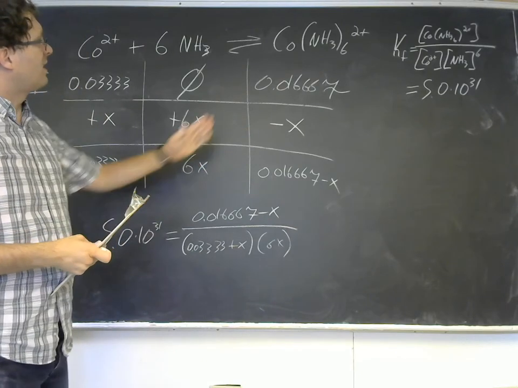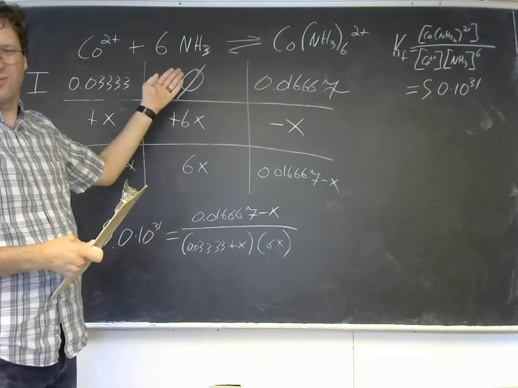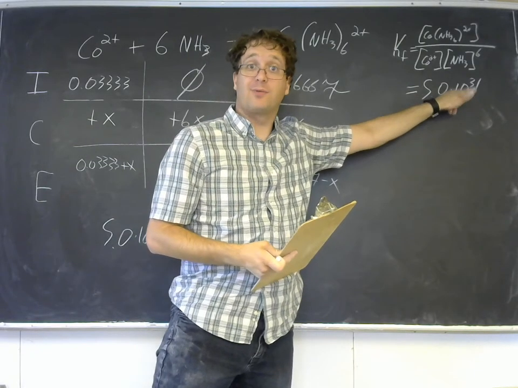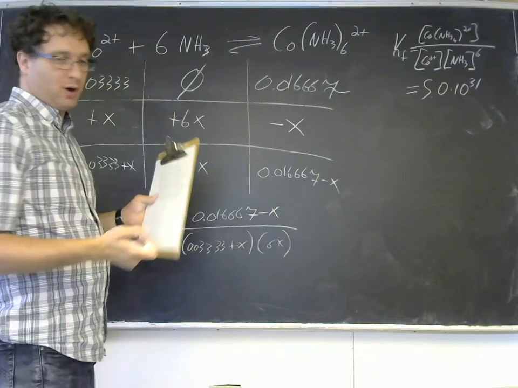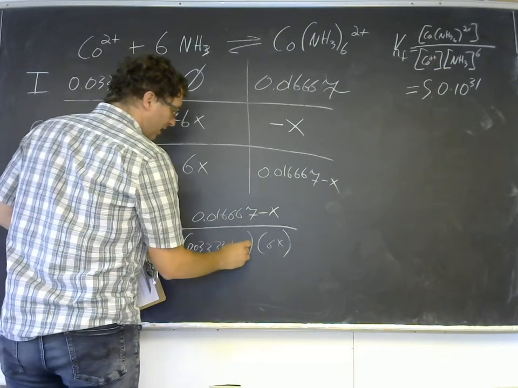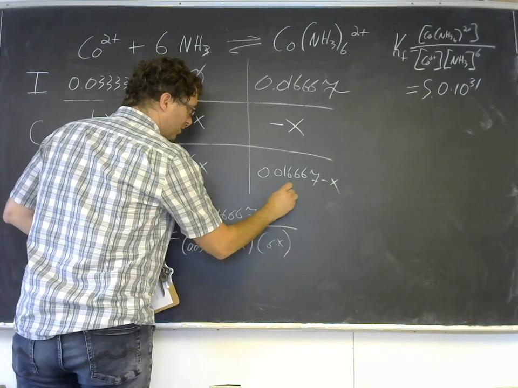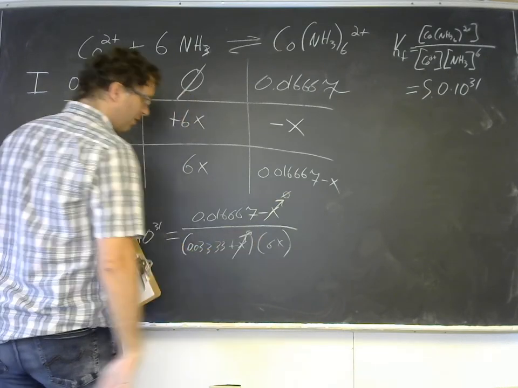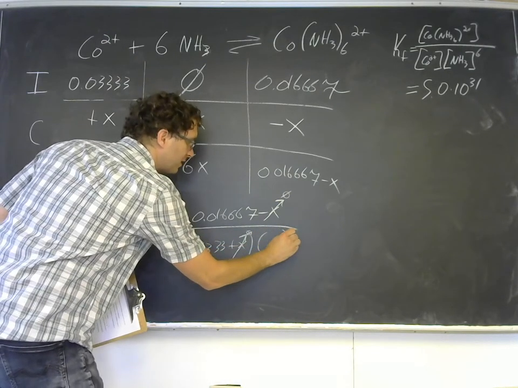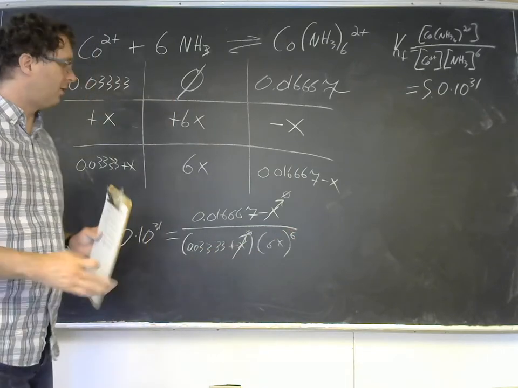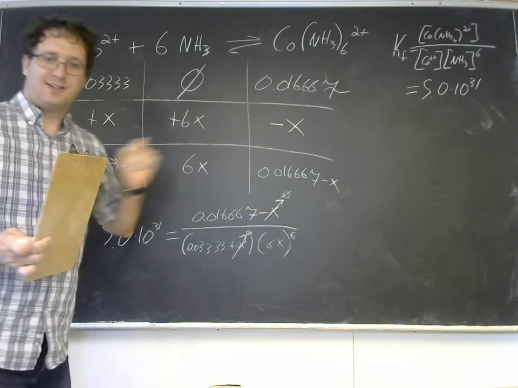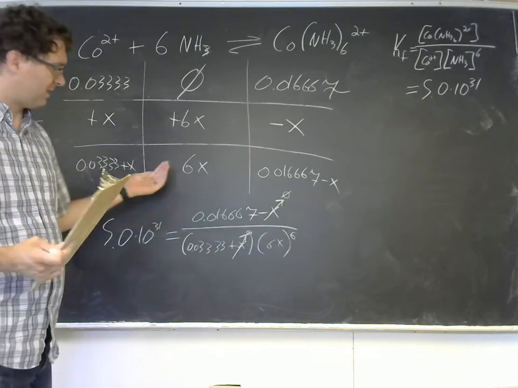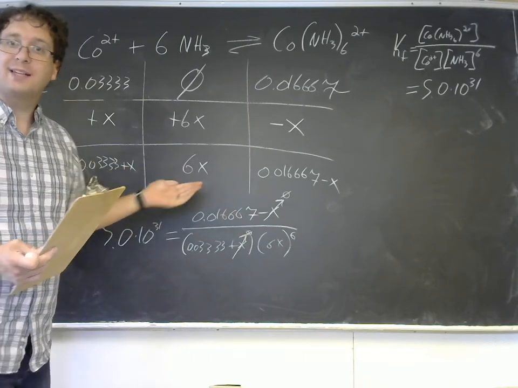X is the amount that we go backward to regenerate some reactant. And we know that we have only a teeny tiny amount of reactant because that Kf is so very large. And so if x is small, then I can assume that's pretty much close to 0, and I can assume that is pretty much close to 0. Oops, and that 6x should be raised to the 6th power. Goodness, I forget that altogether too often. Don't forget that. And now, even though I've got that x to the 6th, that's the only x in the whole equation.